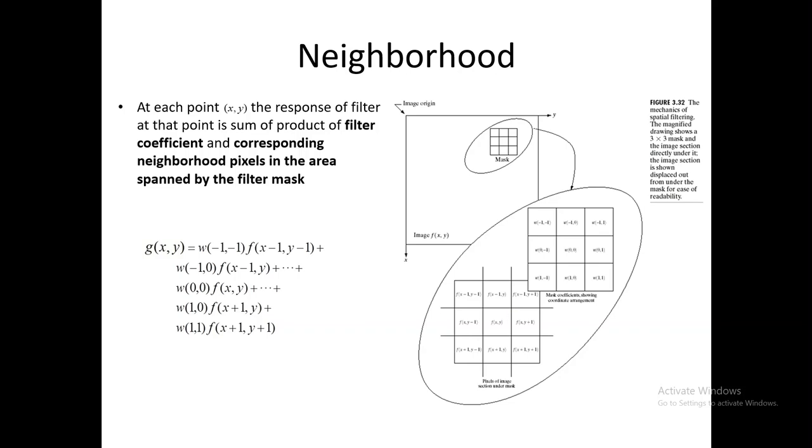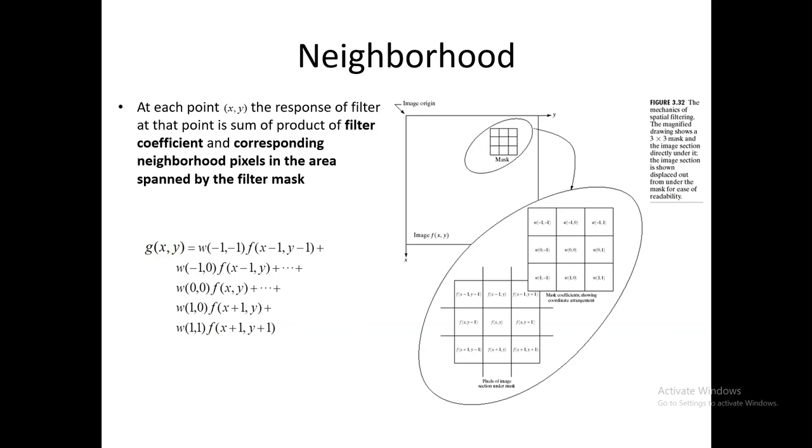Here we have the filter coefficients w. It is the sum of products of the filter coefficients and the corresponding neighborhood pixels in the area spanned by the filter mask. The area spans from f(x-1, y-1) to f(x+1, y+1), and the filter coefficients span from w(-1,-1) to w(1,1).